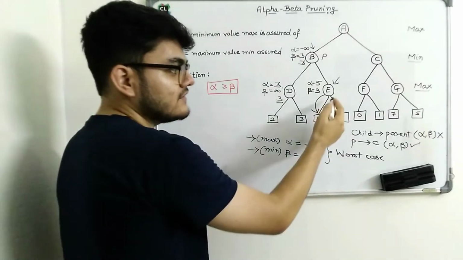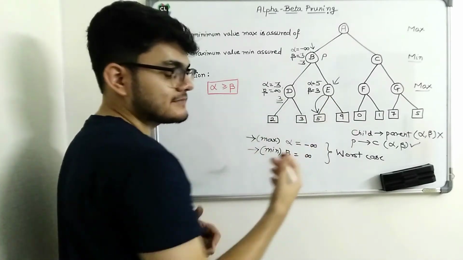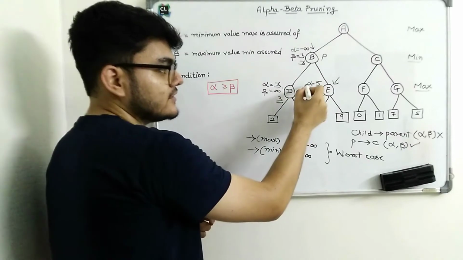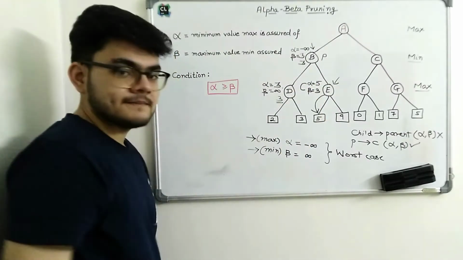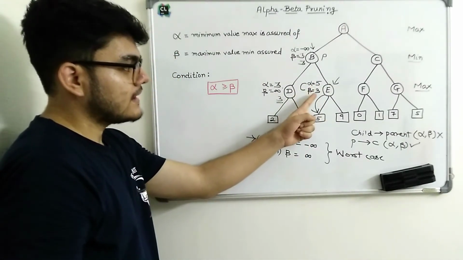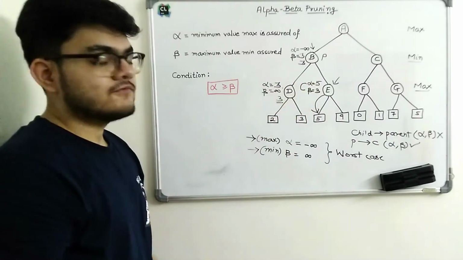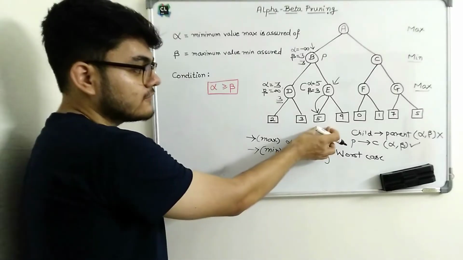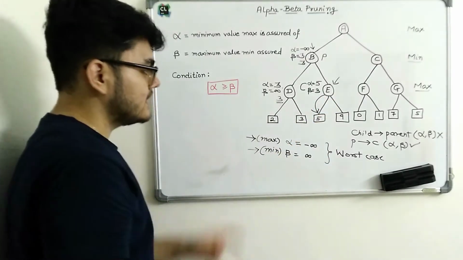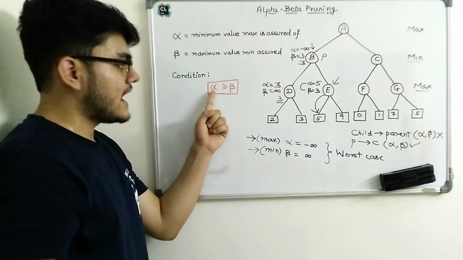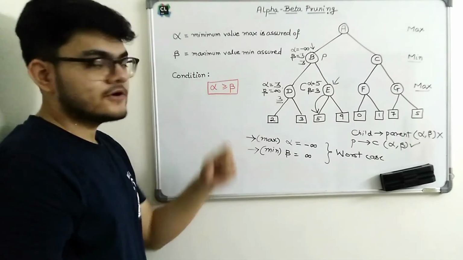But remember that whenever we are going to explore a particular state, we are going to compare the values of alpha and beta. Now you can see I've got beta equals to 3 from this state, and the value of alpha is equal to 5, which we have got by exploring this state. Now coming to this condition, alpha should be greater than or equal to beta.